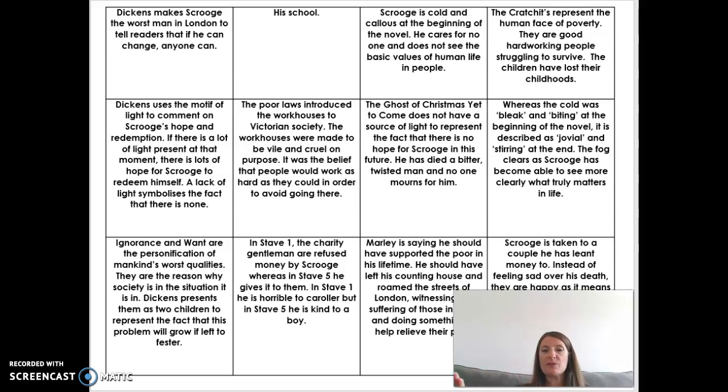Obviously, the Ghost of Christmas Past has a jet of light streaming from its head. The most obvious representation of that idea, that through revisiting his memories, through understanding who he is better, there is hope that Scrooge can become a better person. There's several incidents of light within the novel, and often they represent hope. Hope that Scrooge can be a better man.